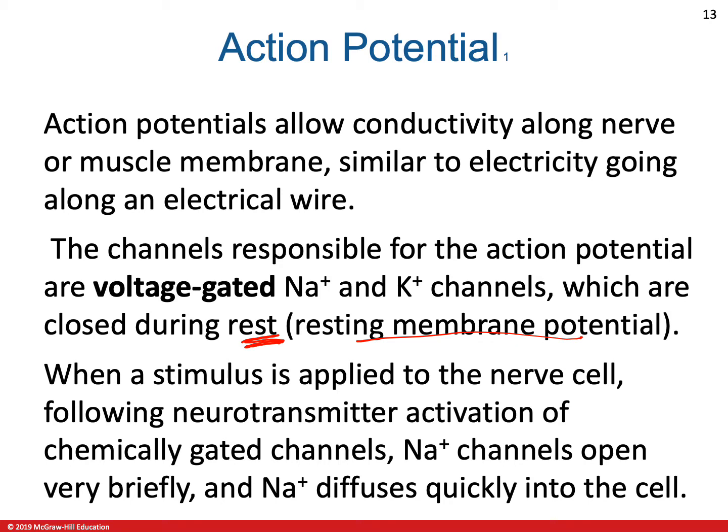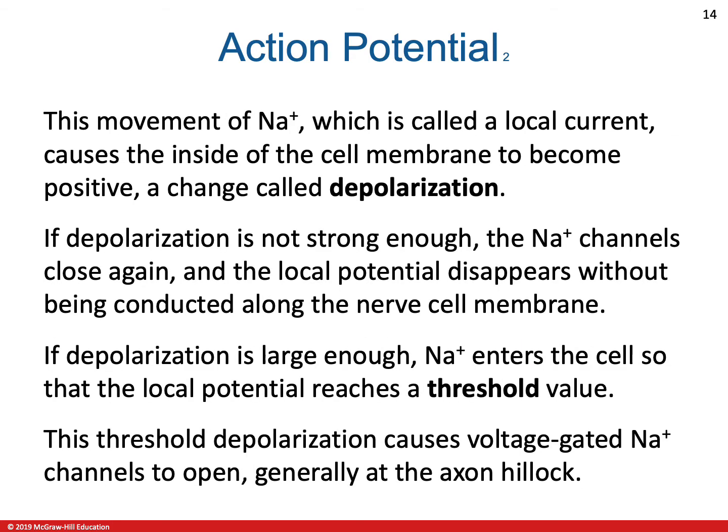When a stimulus is applied to the nerve cell following neurotransmitter activation, so chemically gated channels, what will happen when they open? Sodium channels open briefly and sodium rushes in again. So sodium diffuses quickly into the cell. This movement of sodium, which is called the local current, causes the inside of the cell membrane to become positive, and the change is called depolarization.